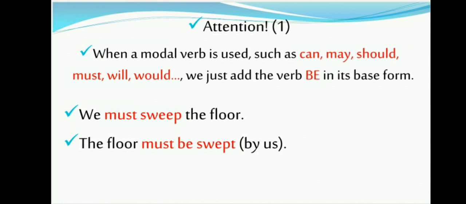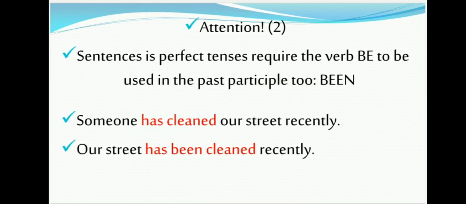So if we say we must sweep the floor, I could say that the floor must be swept. Notice here that the verb sweep is irregular. That's why I have to use the past participle. And the past participle of sweep is swept.